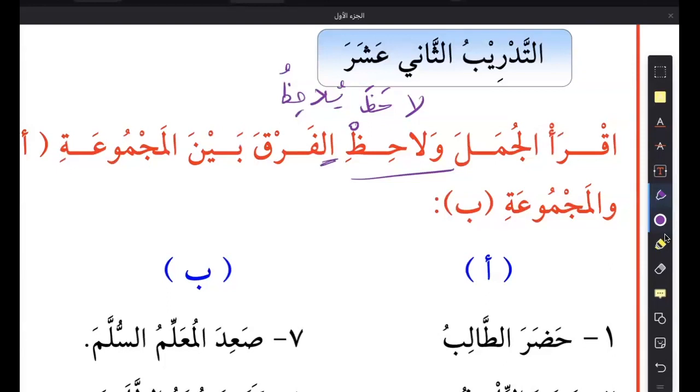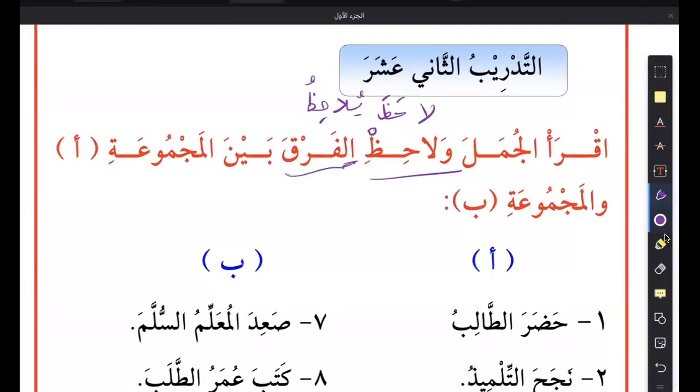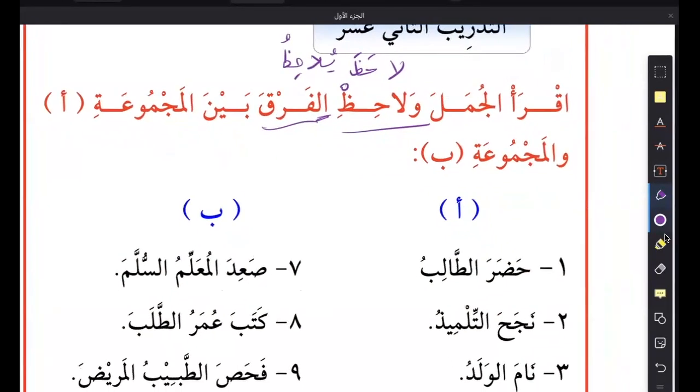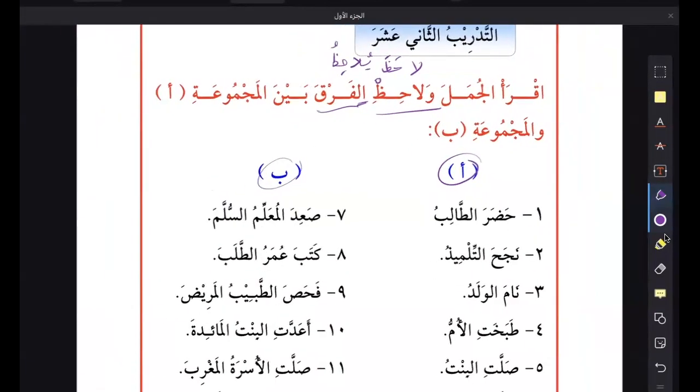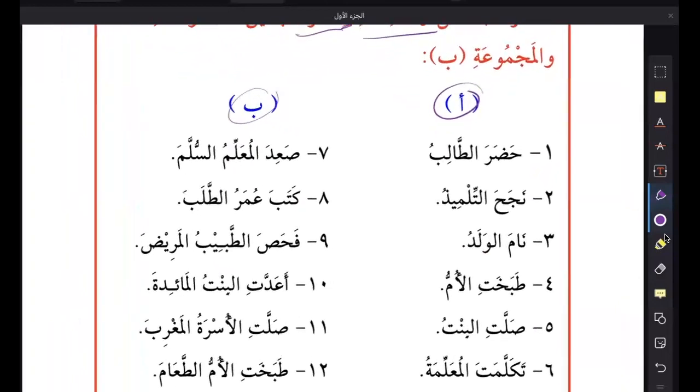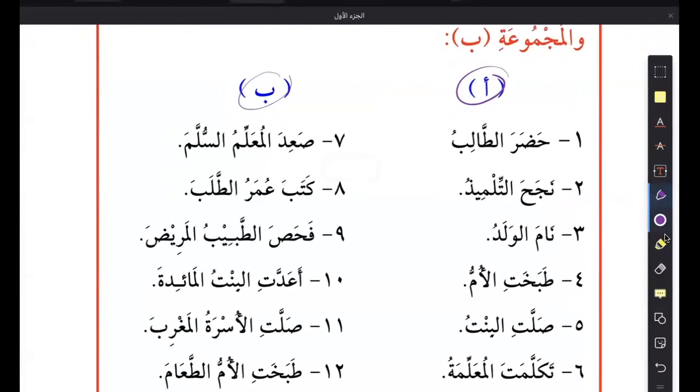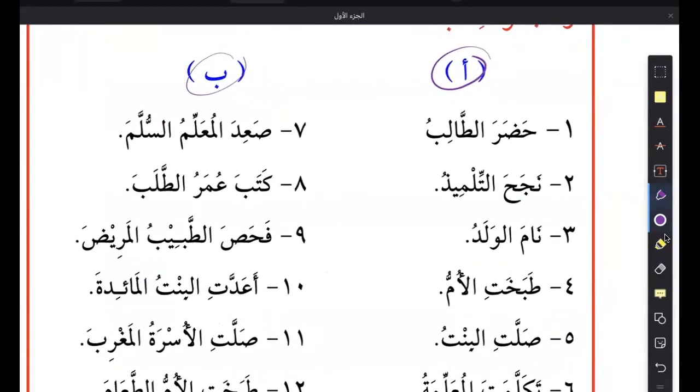So note the farq, the difference between the majmu'ah, a group that we talked about, group alif or hamza, and the group ba. So he basically wants us to read these sentences and notice the differences. Let's see what's the difference.